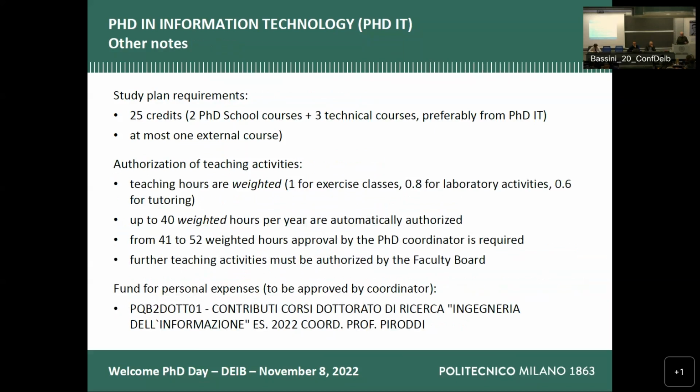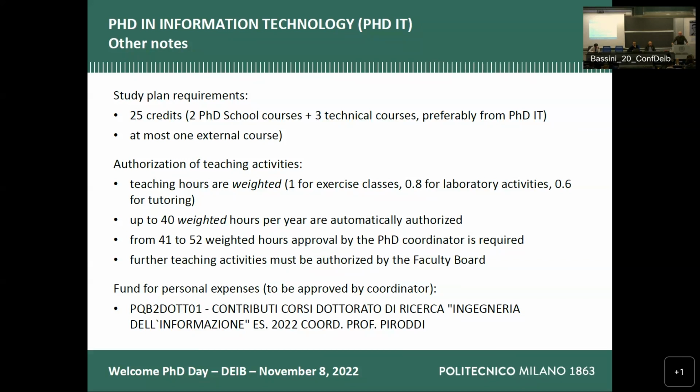The study plan requirements for the PhD IT program are that you pass 25 credits overall. As we said, 2 are offered by the PhD schools. The other 3 courses should be technical courses. So each course is valued 5 credits. Okay, so 2 school courses and 3 technical courses, preferably offered by the PhD IT program.